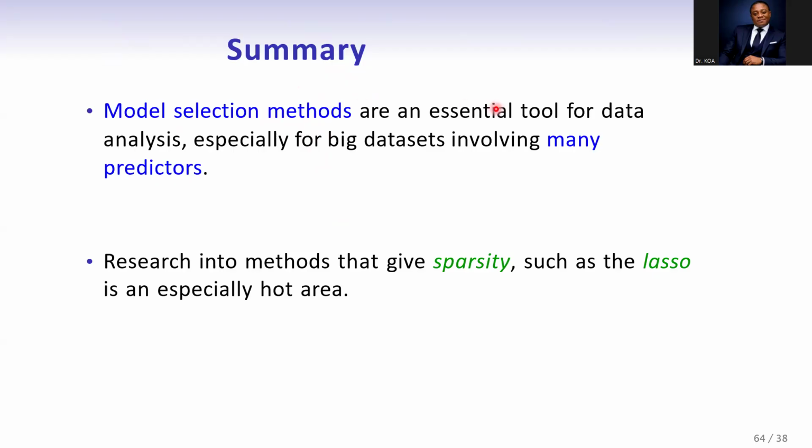Model selection methods are a very important tool for data analysis, especially when you are dealing with big data sets that involve many predictors. If you do research into all of this, you will get sparsity. And when you get sparsity, that is where lasso regression comes in. That's it for today, ladies and gentlemen. That brings us to the end of the entire caboodle.